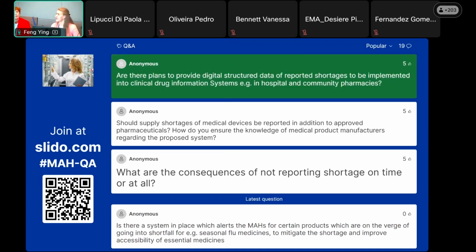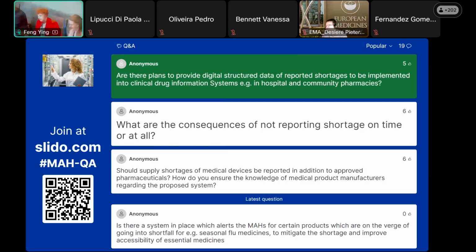The next question is, are there plans to provide digital structured data of reported shortages to be implemented into clinical drug information systems, for example, in hospital and community pharmacies? And I can give this question to Sophia. Absolutely, thank you. Another excellent question.